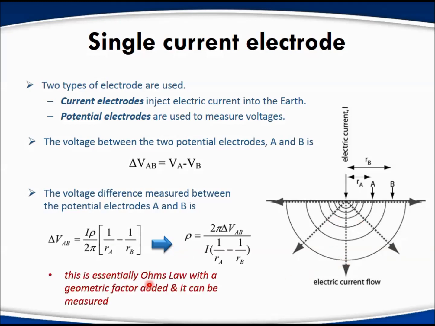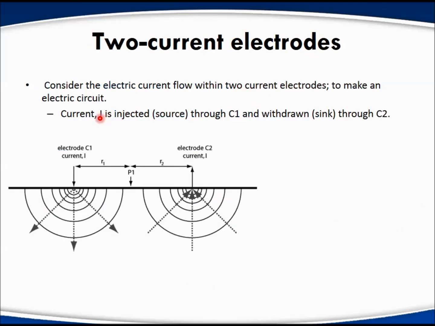So this is essentially Ohm's law, with a geometric factor added, and it can be measured. I will explain the geometrical factor later on. So now we need to make sure that the electrical current is in a complete circuit.